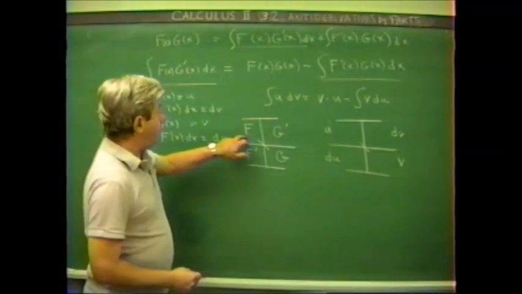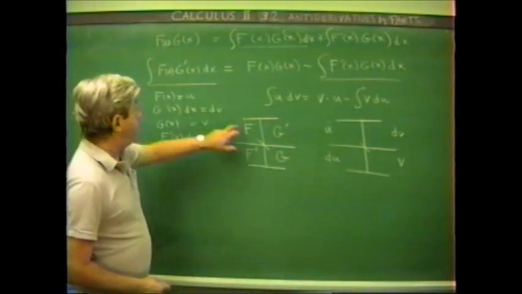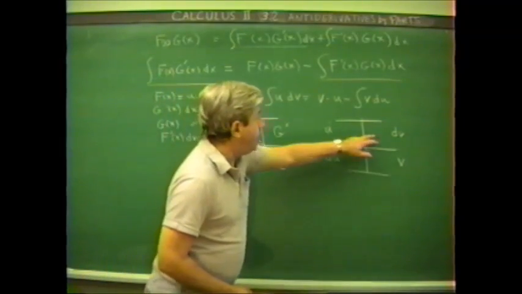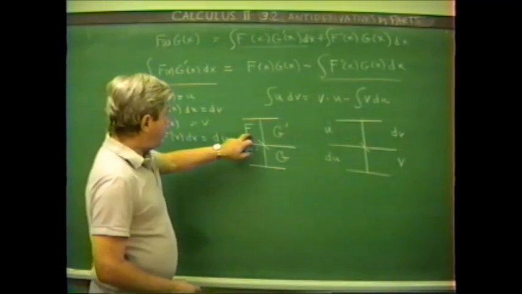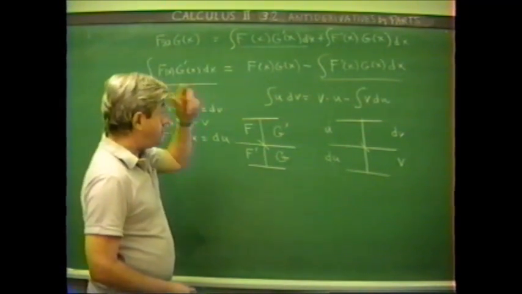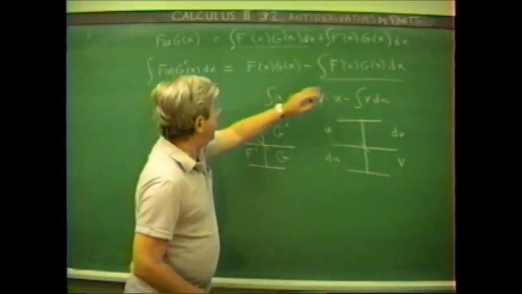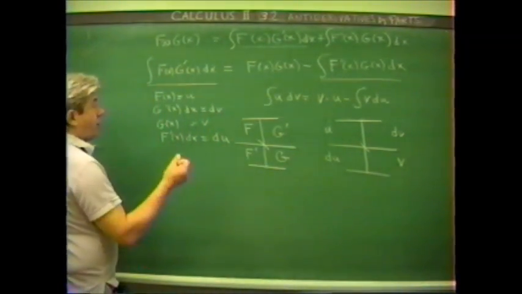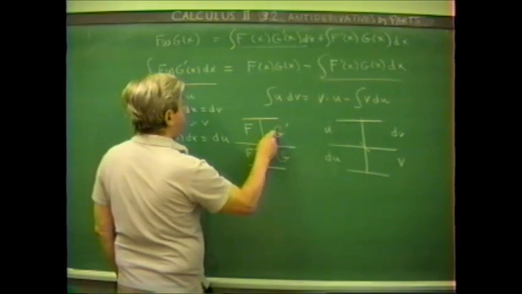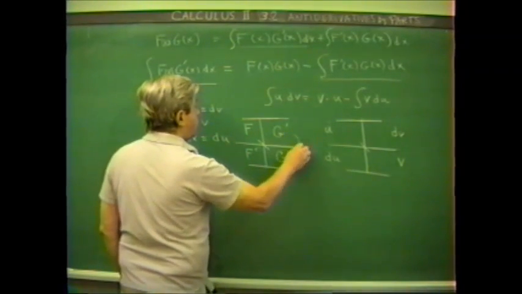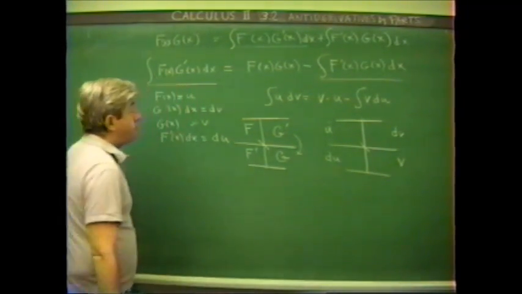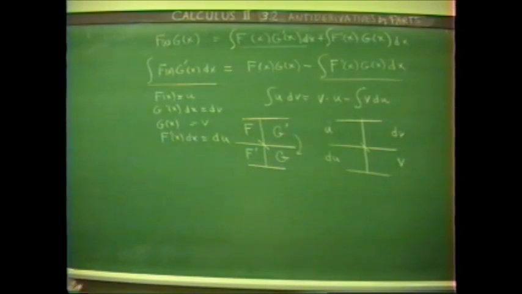So if you fill this in with f and g prime, or u and dv, then you find f prime and g, and you can then write this formula out like so. Now, one thing to note here is that whatever you pick for g prime, you have to make sure that you can anti-differentiate it, because you have to know the antiderivative of g prime.